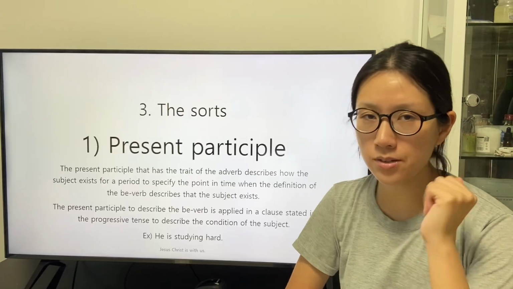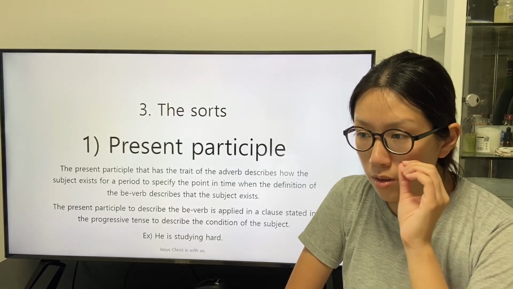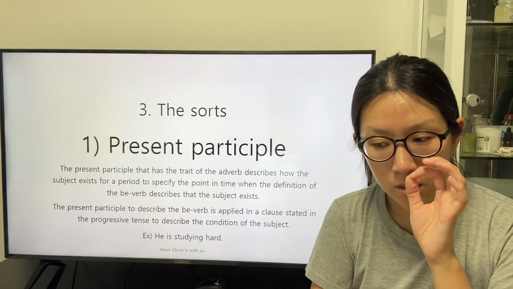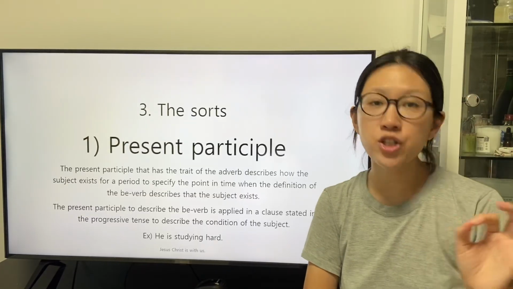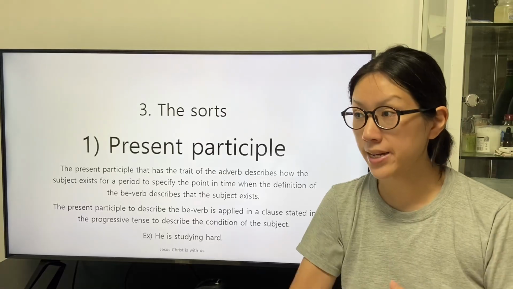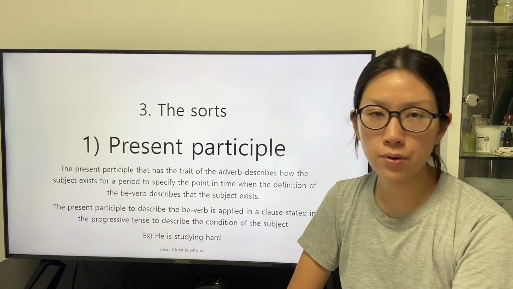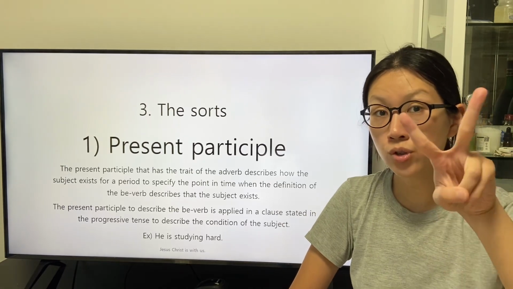This tells us that the present participle is taking on the additional role that can be replaced by the other descriptive words in two clauses.